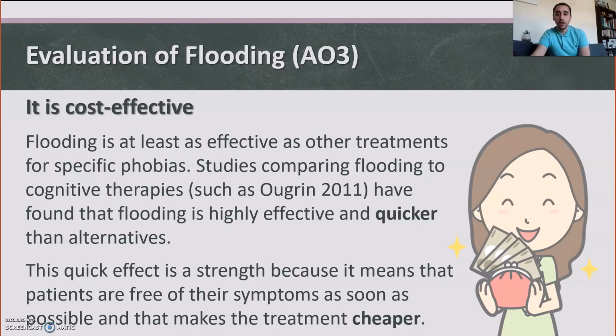Now, flooding has longer sessions, but there are not many of them. So one strength of flooding is it can be quicker, and because it's quicker, it's cheaper as well, because you don't have to pay for as many sessions. One weakness of systematic desensitization is that it's longer and more expensive than flooding.